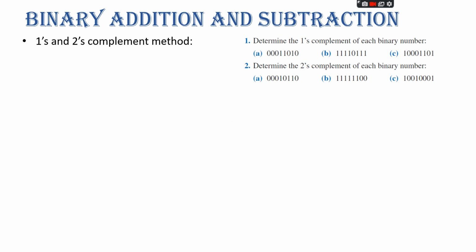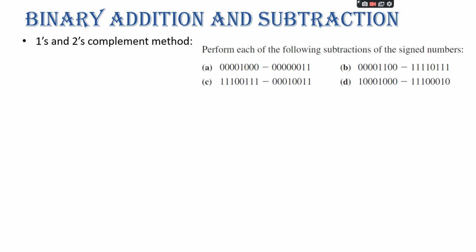Okay. So we'll try to see what's the application of this 1's complement and 2's complement method. In your computer, whenever you need to subtract something, they just make the 2's complement of the number that needs to be subtracted.